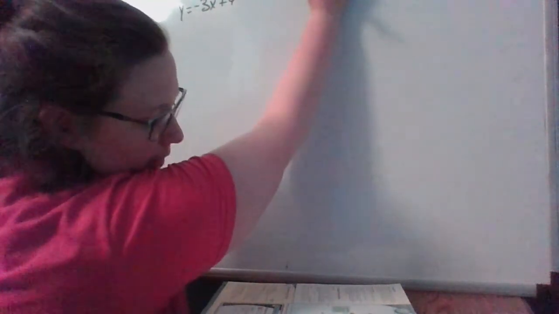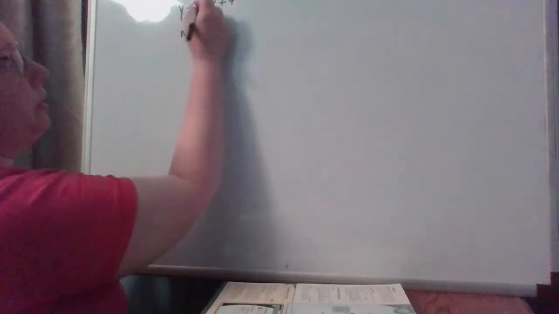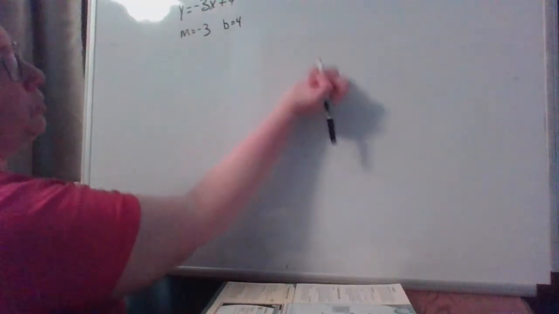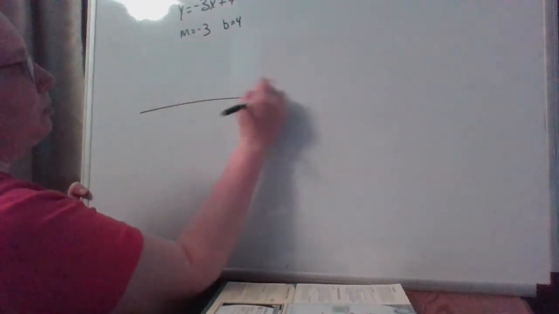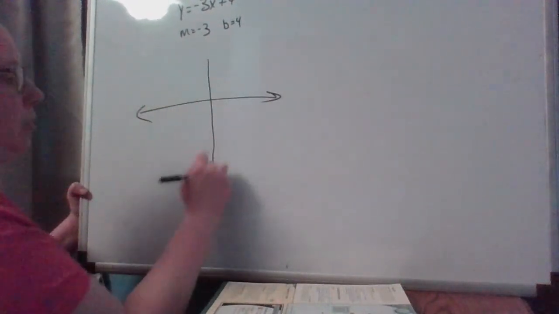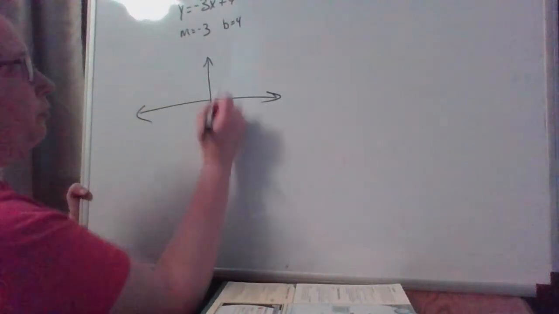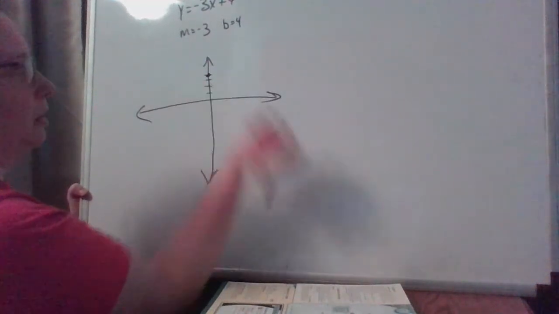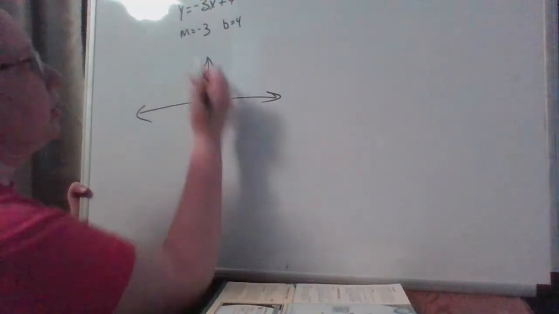For Got It 5A, we have y equals -3x plus 4, and for b, we have y equals 4x minus 8. So our slope over here is -3. Our y-intercept is 4. If we think about that graph, we know our y-intercept is 4. That's where our line is hitting the y-axis.